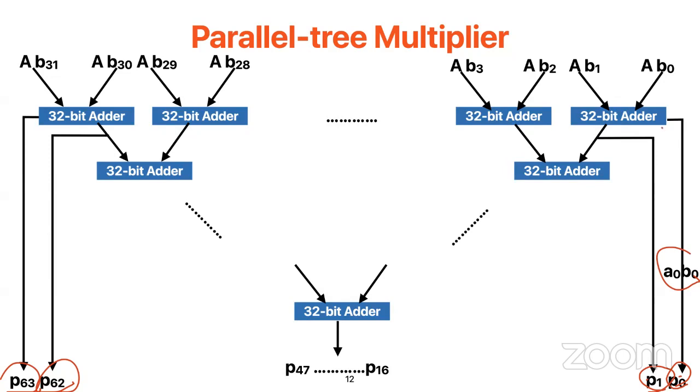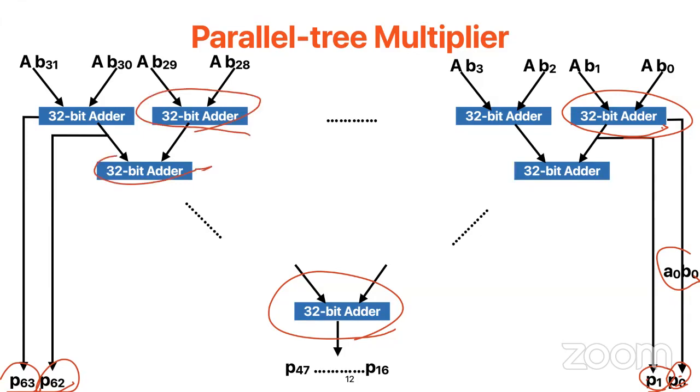And for some of them, the middle part, you only need the result from the middle adder. So in this way, if I want to make a 32-bit multiplier, I can create a tree of 32-bit adders, and those 32-bit adders only capture the necessary part of my input to generate the result.